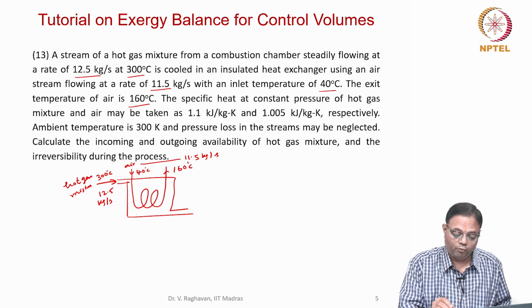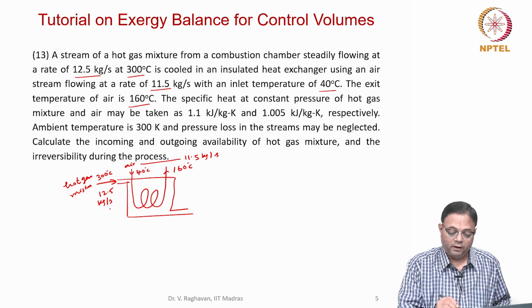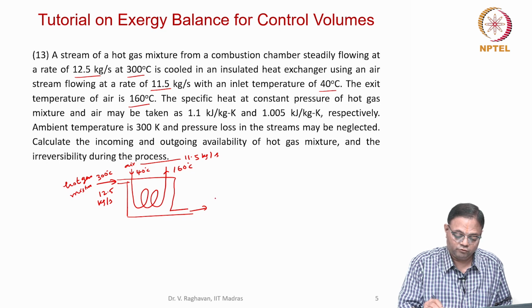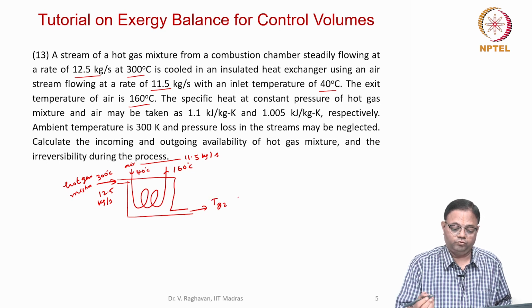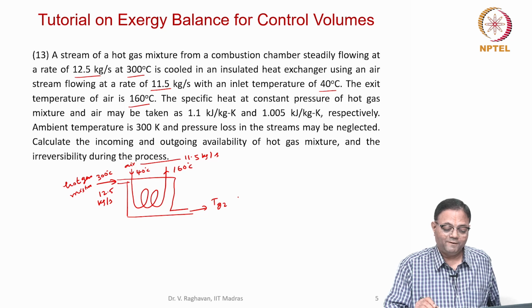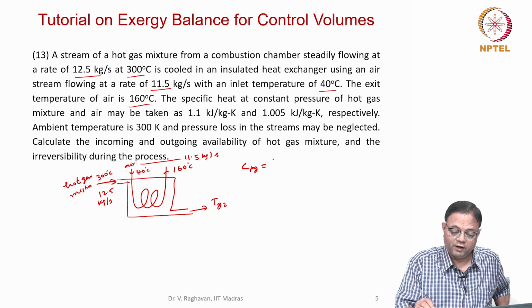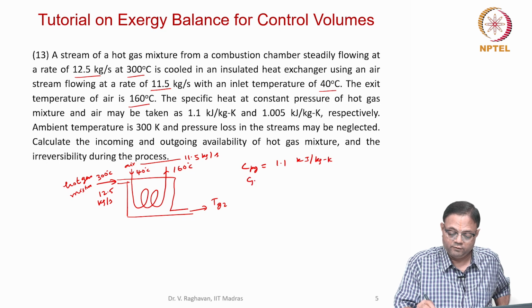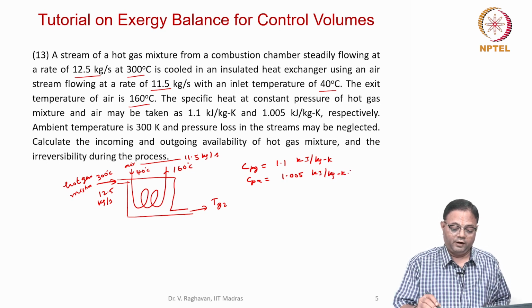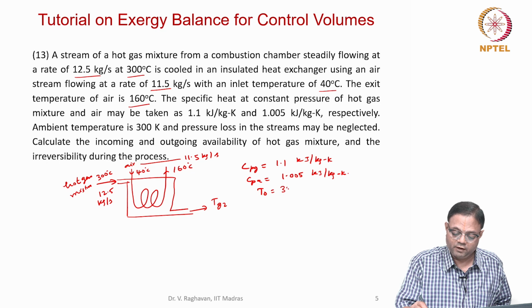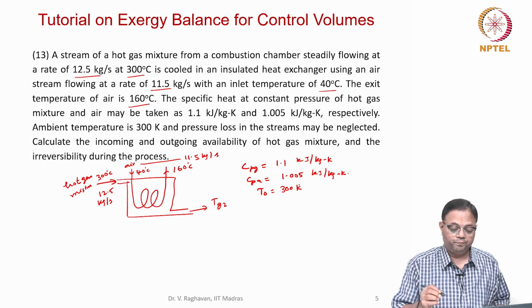Flow rate is given for both streams, and here the outlet temperature, T gas 2, we have to determine. Cp for the hot gas mixture is 1.1 kilojoule per kg Kelvin, and Cp for air is given as 1.005 kilojoule per kg Kelvin, and ambient temperature T naught is 300 Kelvin.